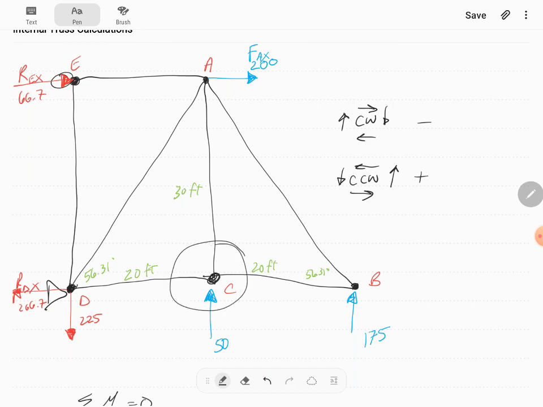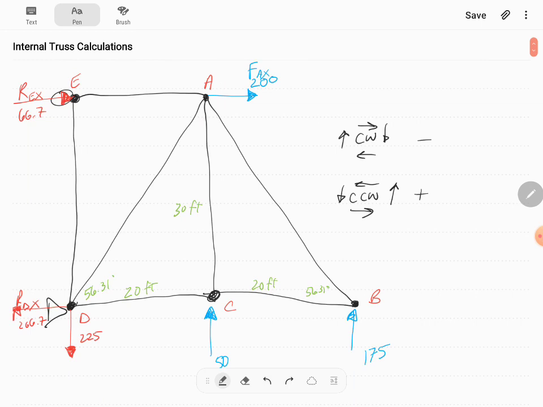I look at C. It looks pretty simple. There's just one opposing vertical force and two horizontal forces, but I don't know what either horizontal force is, so I can't start there. I can almost start here, and technically I probably could. We'll come back to that, but this one being the worst, look at all the weird things going on there. There's 1, 2, 3, 4, 5, 6, 7 forces at A, and we'll look at that later.